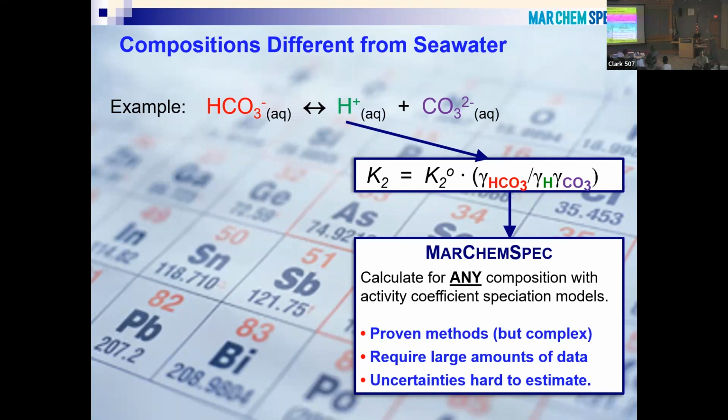So why aren't these methods the ones of choice? Well, they're well proven, but they're complicated, and they require large amounts of data themselves, and uncertainties are very hard to estimate. So that's why they haven't taken over the world just yet.